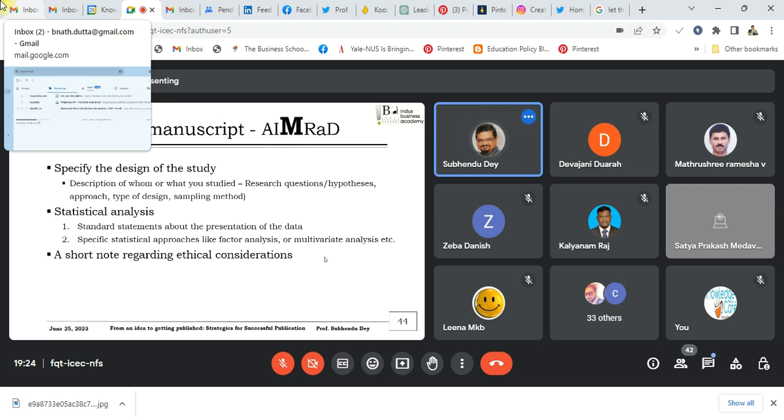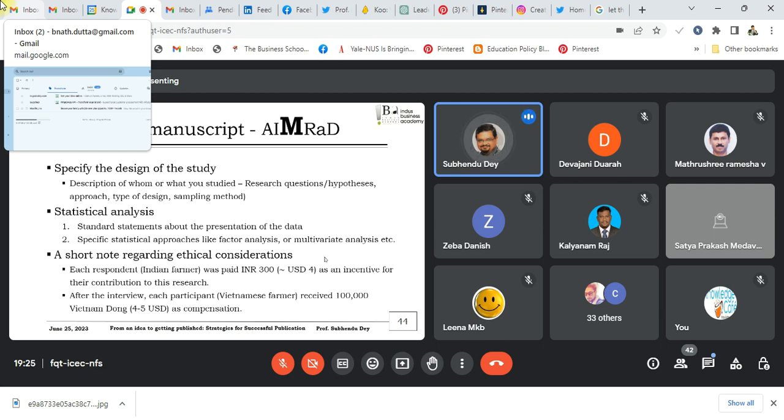ethical considerations. Say, for example, here I've given two statements from my research paper. You can look at it. It says each respondent, Indian farmer, was paid INR 300 as an incentive for the contribution to this research. After the interview, each participant, the Vietnamese farmer, received 100,000 Vietnam dong as compensation.